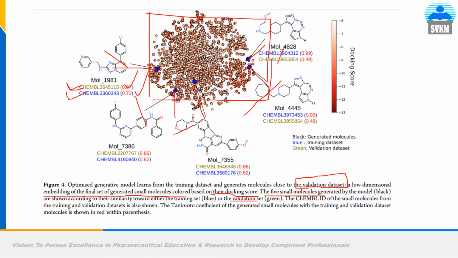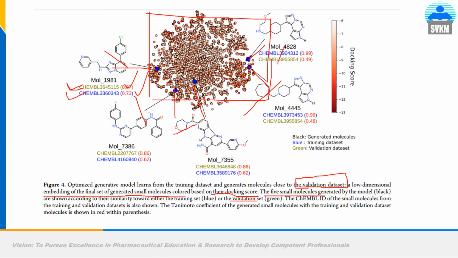What they are telling is, optimize the generative model, learn from the training data set. If they don't learn the grammar of a small molecule through the training data set during training or transfer learning, then there is no use of this type of generative model. So this diagram shows the 5 molecules, how close they are to the validation data set.